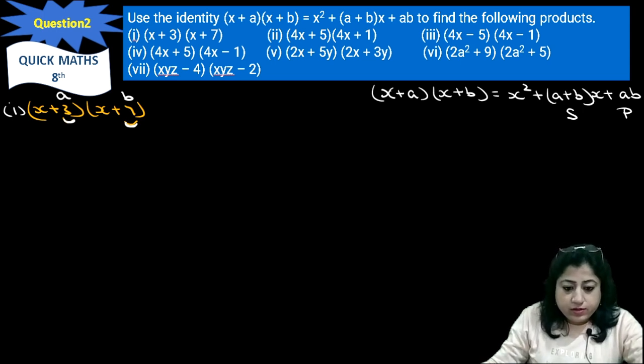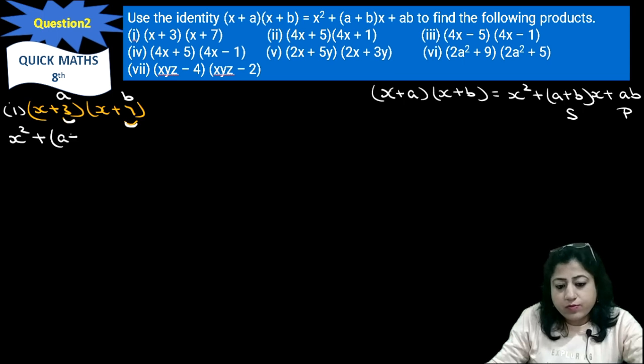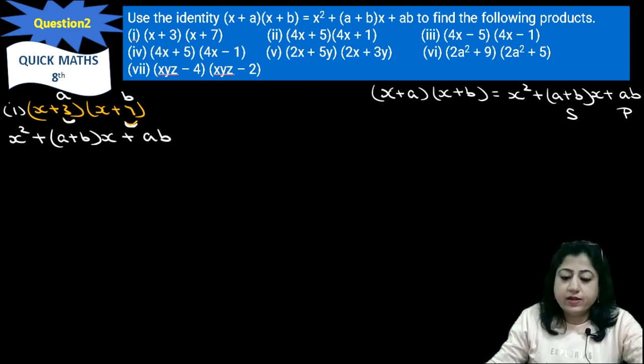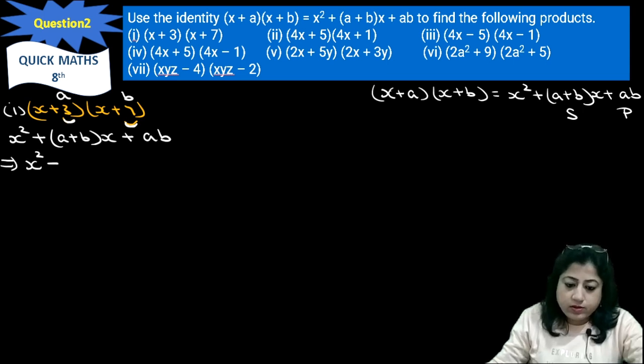So according to this, the formula is x square plus the sum of a plus b into x plus the product of a and b. So we will do the sum of them and then the product of them. x is the same, x square plus the sum, where a is 3 and b is 7, plus the product of both.